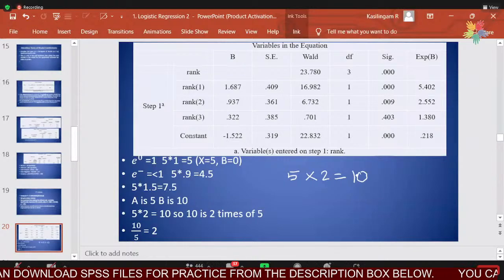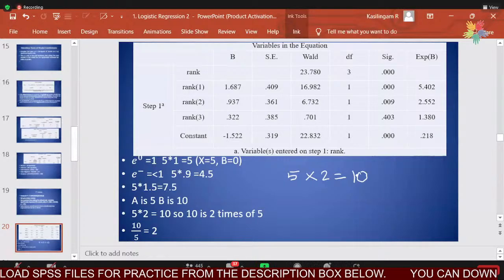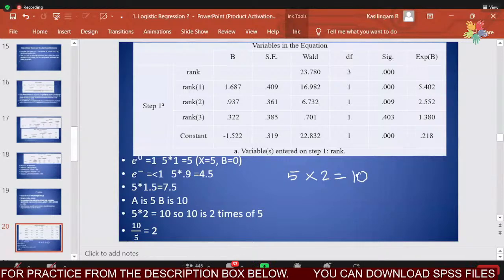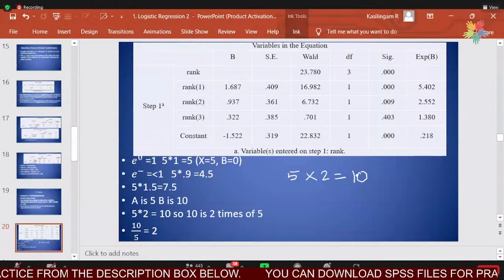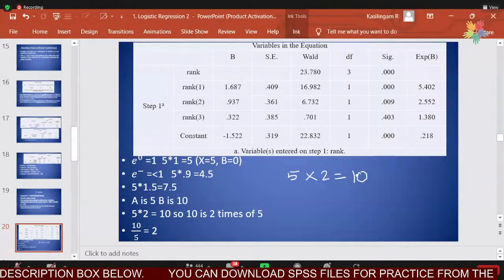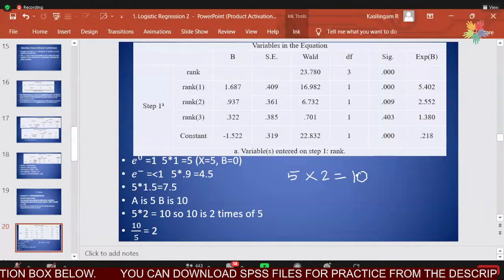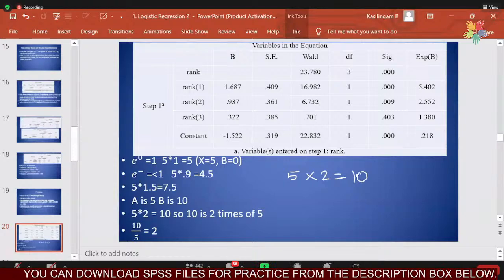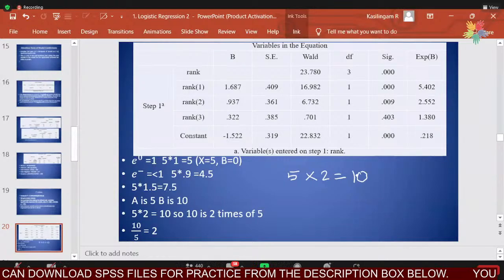Can I say like that? Nandini madam, am I right? Yes, sir. Since I am using multiplication, please understand what word I am using: 10 is 2 times of 5.